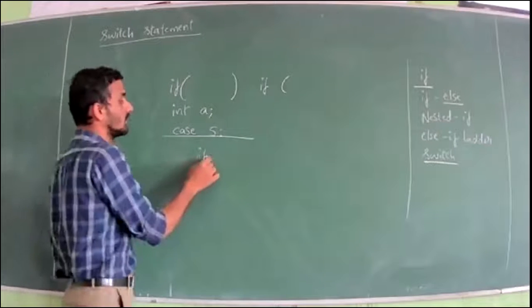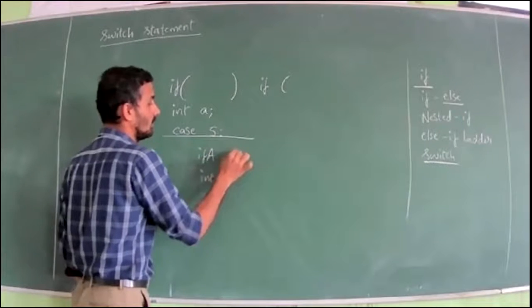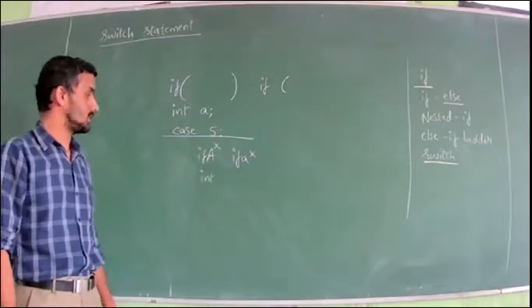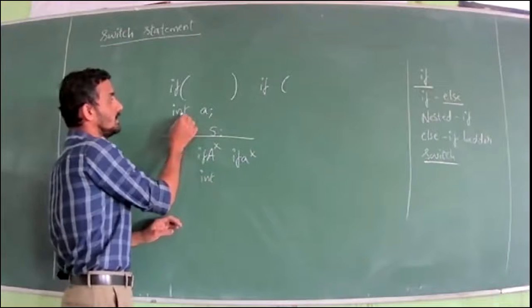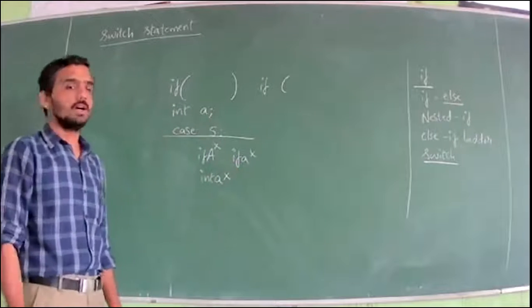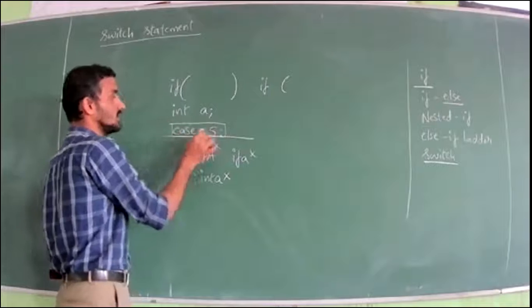Like after if, if I write capital letter A or small letter a, both are wrong. You'll get an error in this case. And after int, see, I have written int space A. If you write A immediately, it is also wrong. And in this case, after case there is a number. See, after this case, we have to write constants.